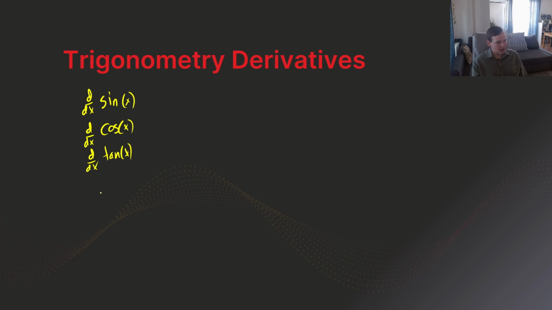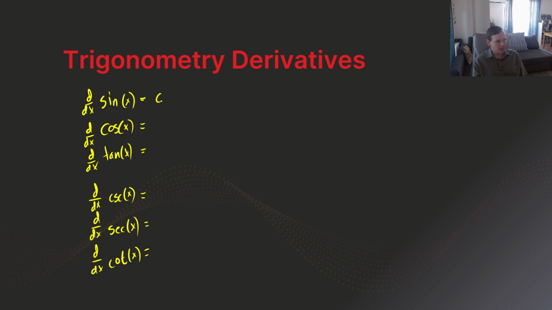Then we'll also have the less common but still important cosecant of x, secant of x, and cotangent of x. If you don't have these second three memorized, you'll probably be fine, but it may cause you some issues on a couple quizzes or exams, just on like 1 or 2 points.